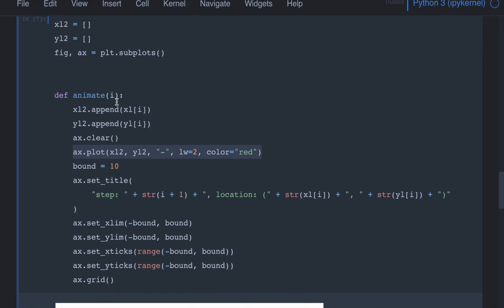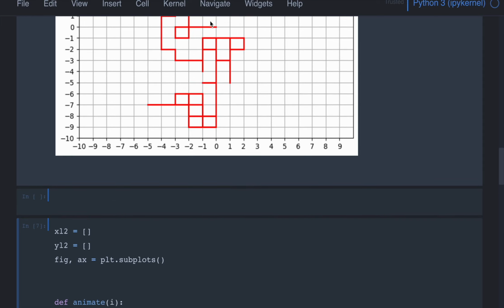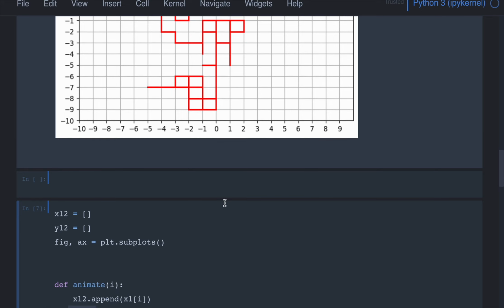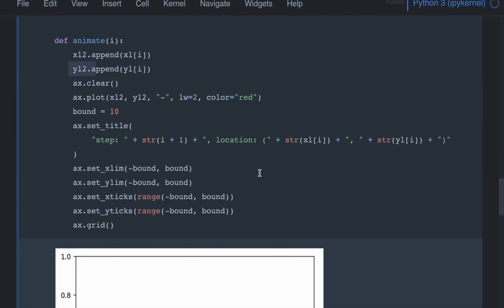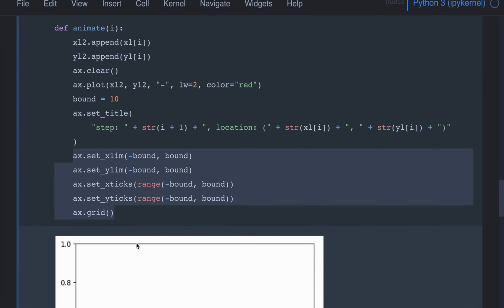This time the i value will be 3. So XL2 and YL2 will contain 3 elements. So maybe from here to here, and maybe let's say the person has moved down at this point, right? So these 3 segments get plotted, right? That way we are generating multiple frames continuously, and we are making that into an animation. Now this is the same stuff.